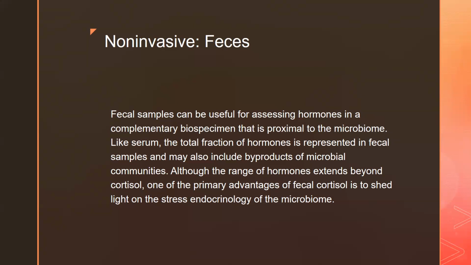The total fraction of hormone represented in fecal samples may be included as a byproduct of the microbiome community. And although the range of hormones extends beyond cortisol, one of the primary advantages of fecal cortisol is it sheds light on stress endocrinology and the microbiome.